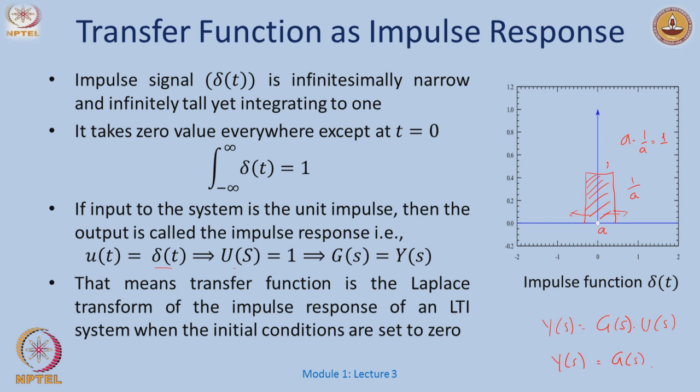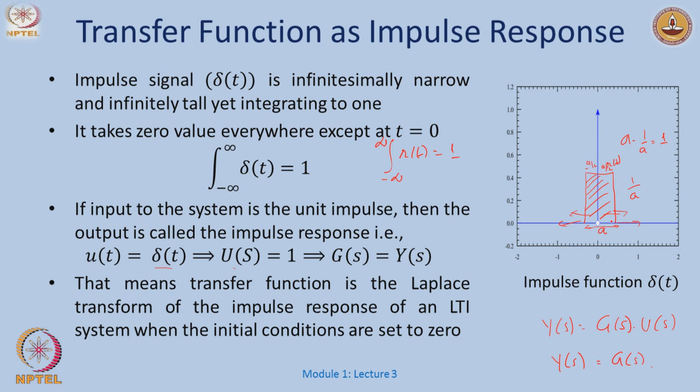If I call this signal the rectangle r of t, then the integral from minus infinity to infinity of r of t is 1. It is 0 everywhere else, to the left and the right, and the width is a, so you can call this a by 2 on the negative side and a by 2 on the positive side. Okay. So, based on this, how do I construct an impulse?